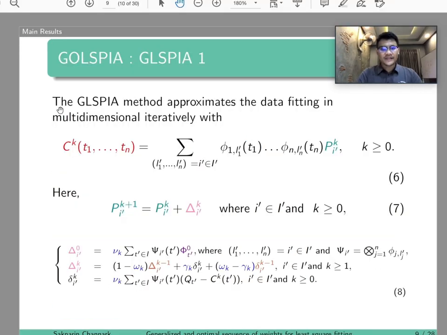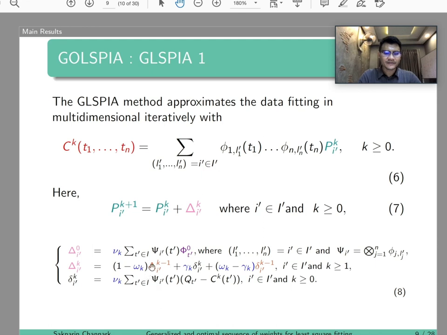We start with the GLSPIA method, generalized to multidimensional approximate data fitting in equation 6, and we can compute the new control point P_i' k+1 from equation 7. For the delta_i' k we can compute from equation 8, where we relax the constant weight to the sequence of weights omega k, gamma k, and nu k like this.